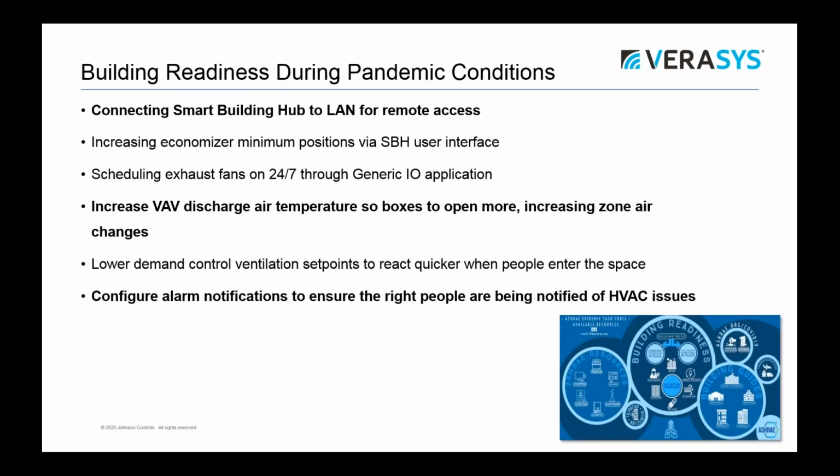So we also threw this in here because of this whole, we'll call it the pandemic type conditions, getting the building readiness. ASHRAE has already come out with some of their standards. We've been getting numerous requests for projects that they're already spec'd about being pandemic ready.